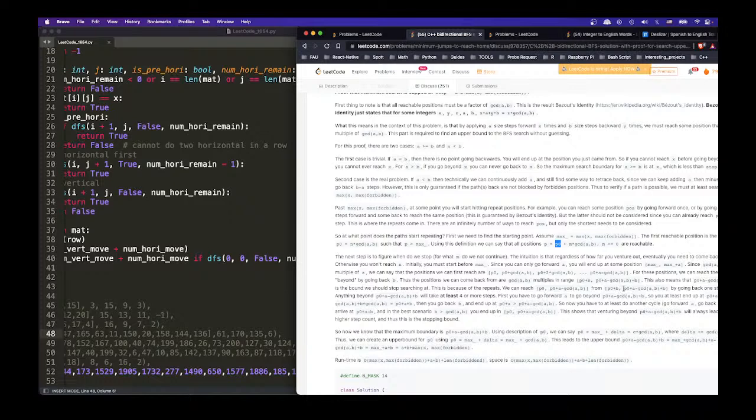So we can go this, or A minus. That is perfectly fine because A is a multiple of GCD AB. So this one is also a multiple of GCD AB. But isn't that one of these things, right? Yeah.